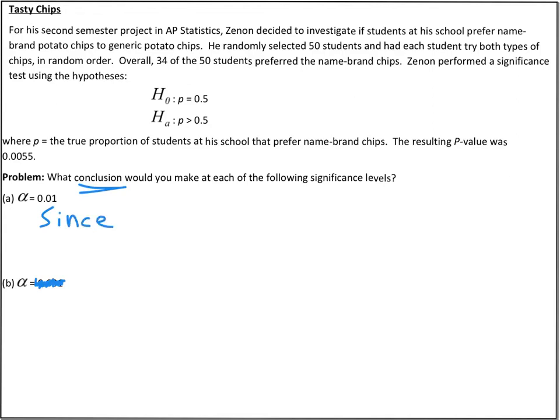Since 0.0055 is less than 0.01, okay? If you need to, refer back to the other notes about what we do. Reject or fail to reject. This is a case where the p-value is less than alpha.